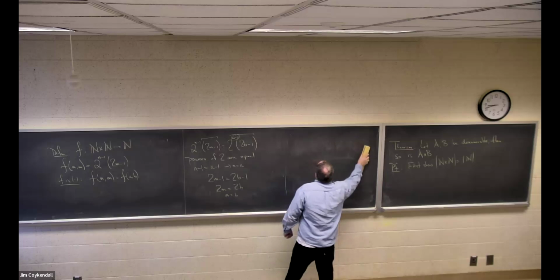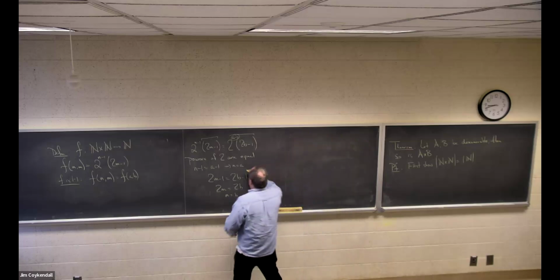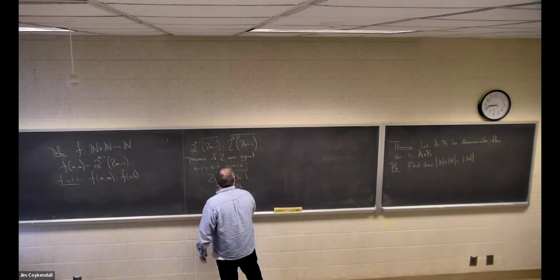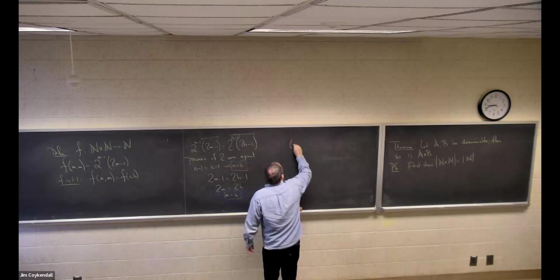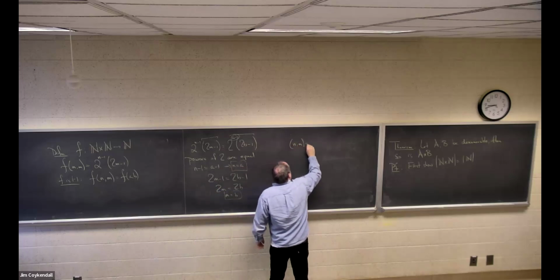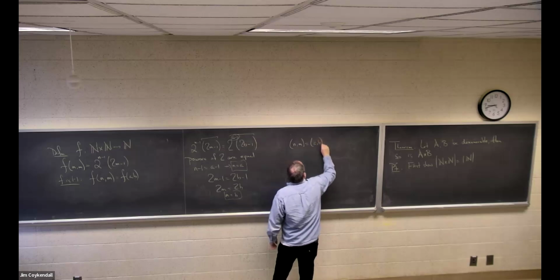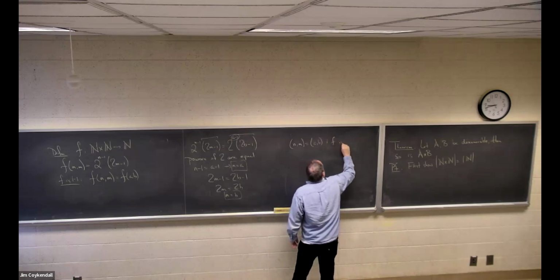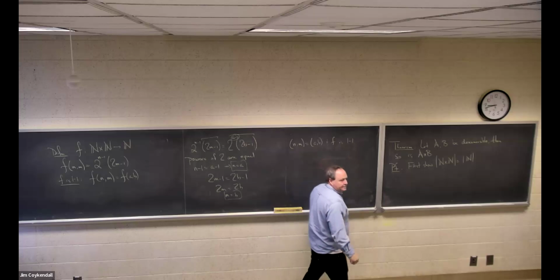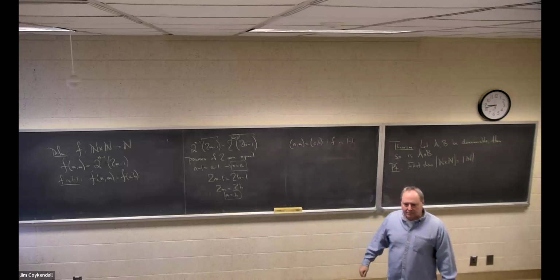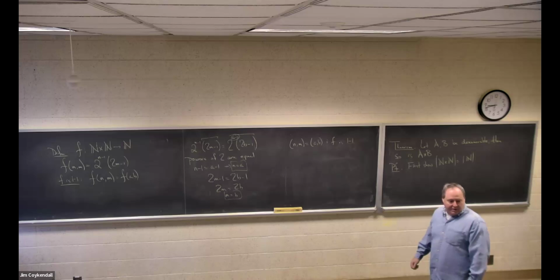So n equals a, and m equals b. So the ordered pair n, m is equal to the ordered pair a, b, and f is one-to-one. Everybody okay with it?